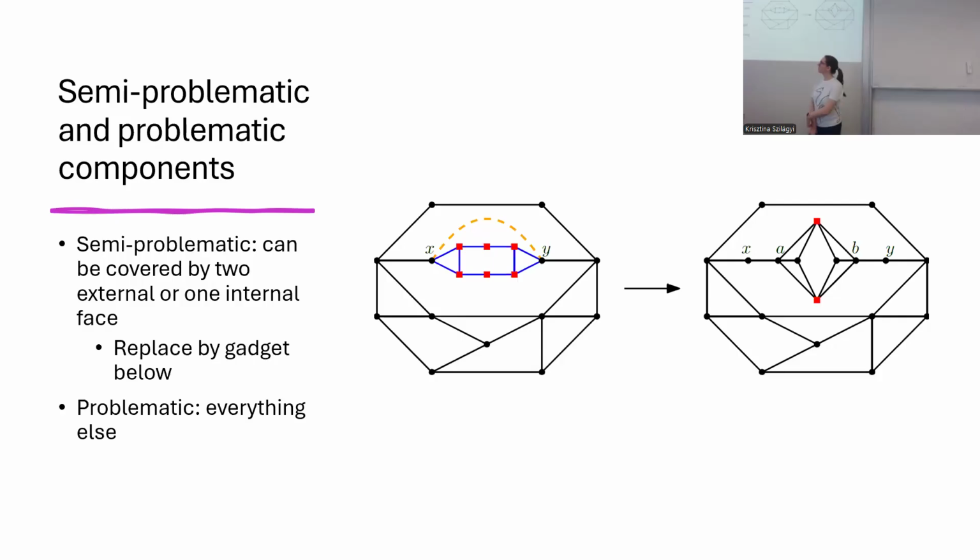Okay, I have to think. For most of the reduction rules, it is kind of clear what to do. So I think there should be a relatively easy way to reconstruct the solution from the solution of the kernel.